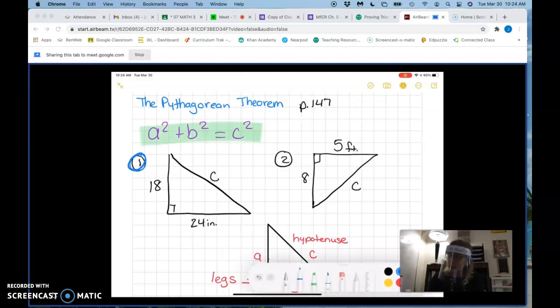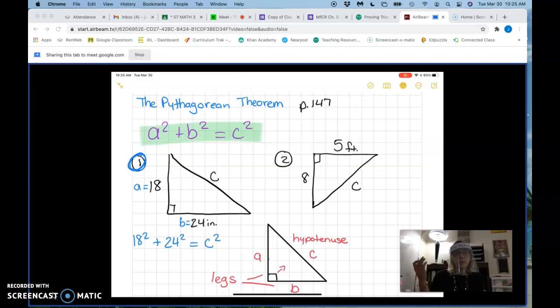When you're talking about the legs, it doesn't matter which one is the A or which one is the B. So I'm just going to call this one A and this one B, but it really doesn't matter. Then I'm going to plug them into my formula. So I'm going to say 18 squared plus 24 squared equals C squared, because I don't know what C is, so I'm leaving it as C.